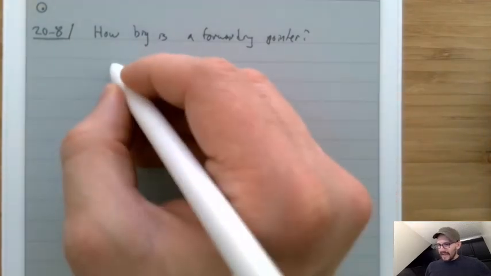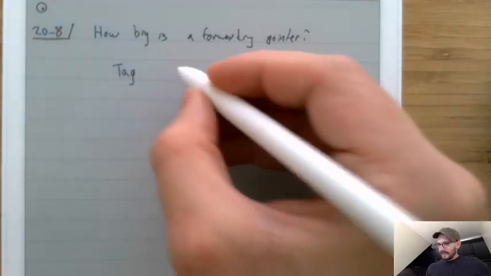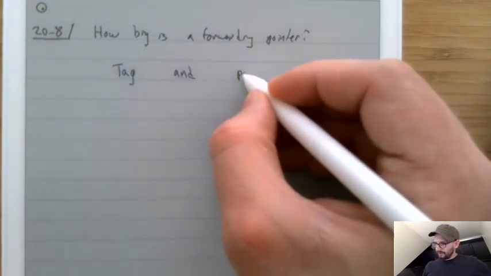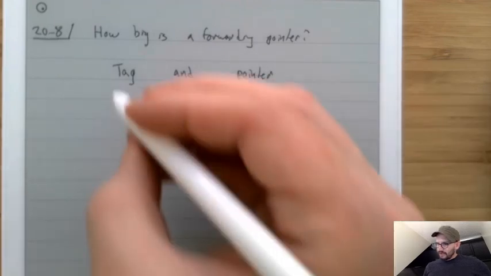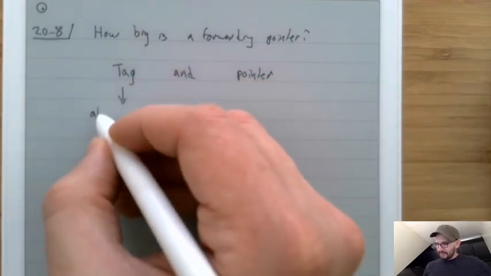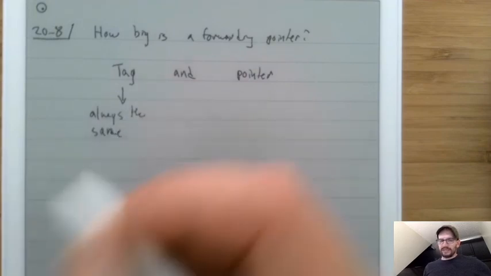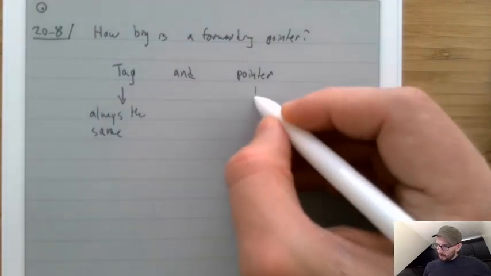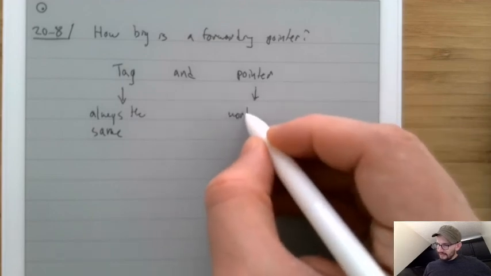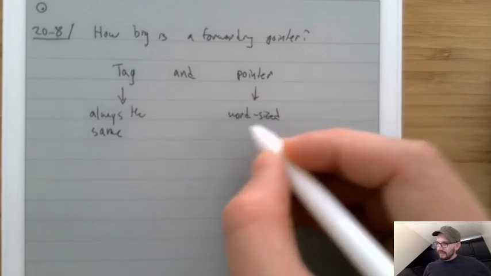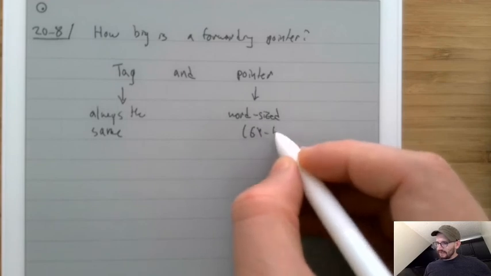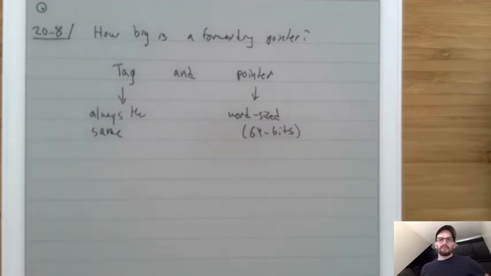Well, it has to have a tag, and it has to have a pointer. So tags are always the same size, and all our objects always have those. But a pointer is word-sized, meaning it's 64 bits on a modern machine.